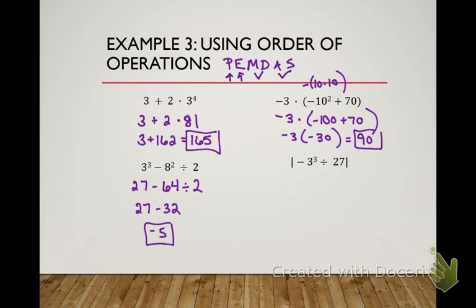Negative 27. So absolute value of negative 27 divided by positive 27. What do you guys think? Negative 1. But the absolute value of negative 1 is 1.